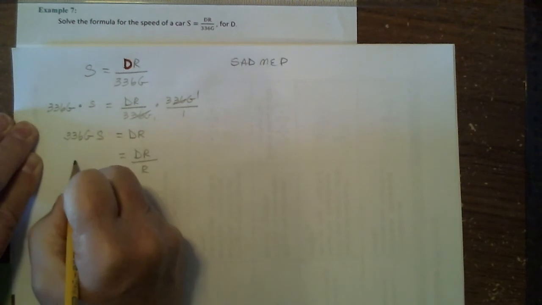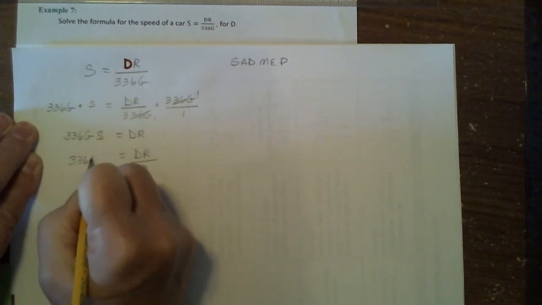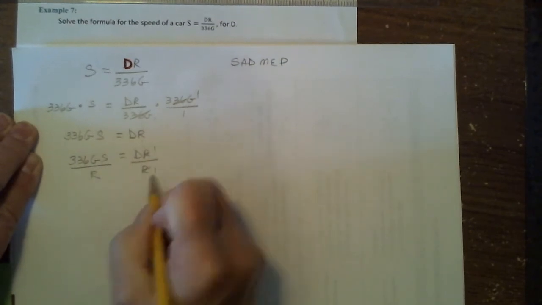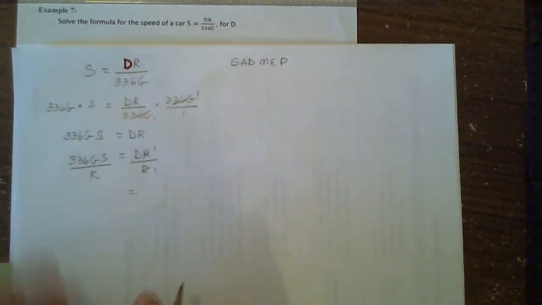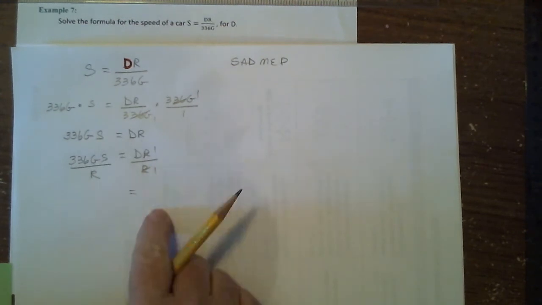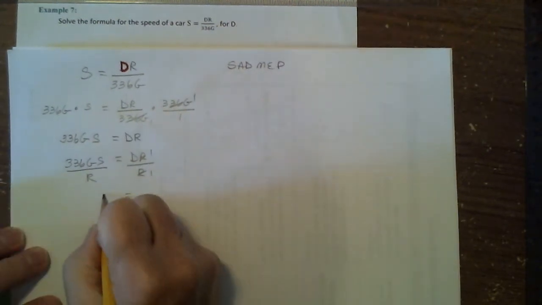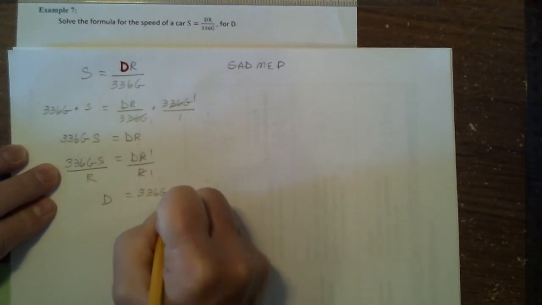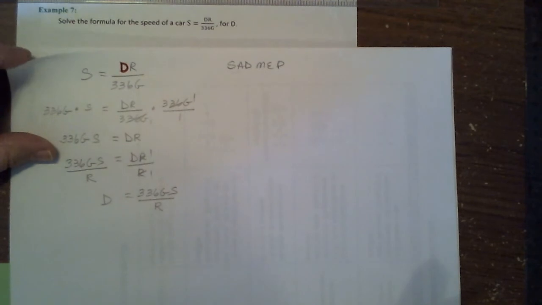And what I do to this side, 336GS over R. These guys reduce down, leaving me with, I'm going to save a step here, this is going to end up being a D over here, right? And I can't do anything here. And you know how I like it on the left, so I'm going to do both at once. D is equal to 336GS over R. Save myself one step. So now I got a brand new formula based on the formula for speed of a car.